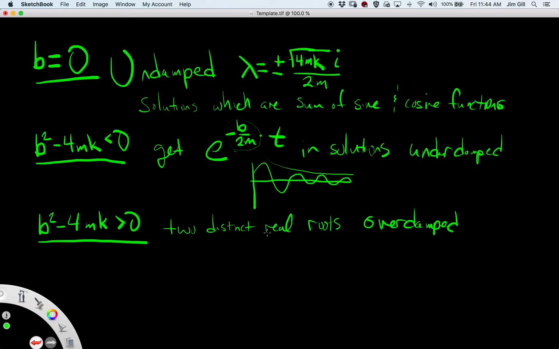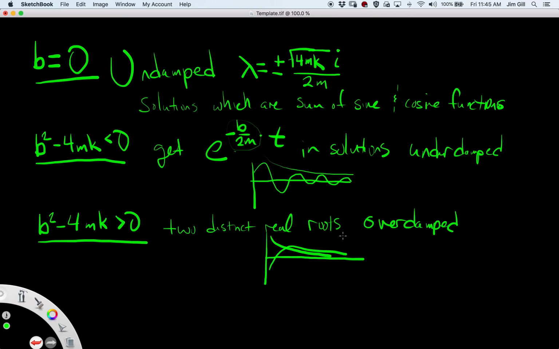What happens here is a solution might look like this. We just gently go towards the equilibrium position, or depending on the starting point, we might go above the equilibrium position and then go back down. So this is related to two eigenvalues that are both negative.